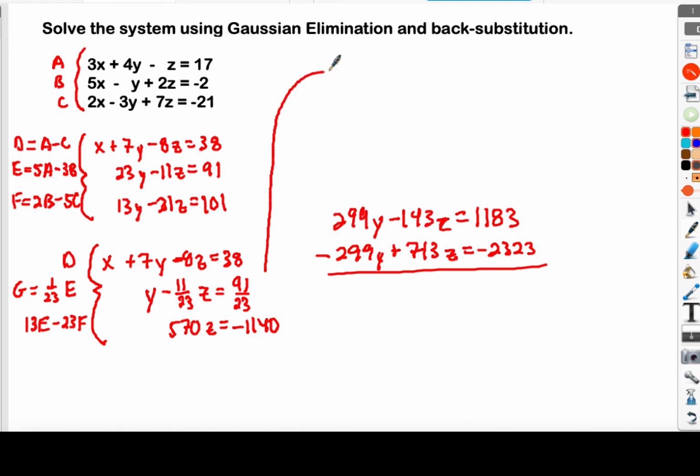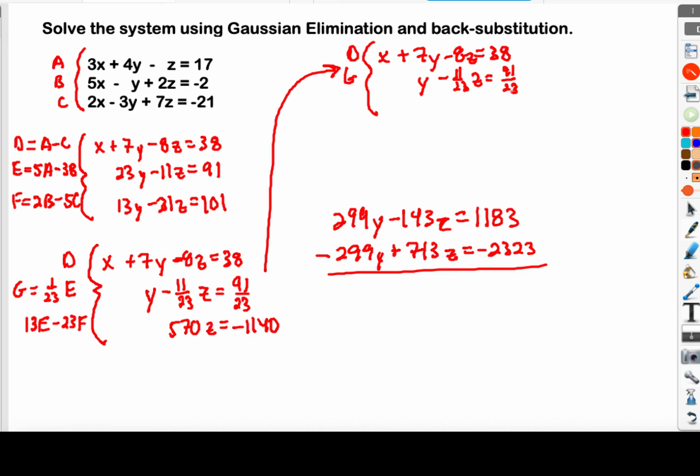One last set of equations here. We'll just take it up top. Again, we've got equation D, that's x plus 7y minus 8z equals 38. We've got G, that's y minus 11/23 z equals 91/23.